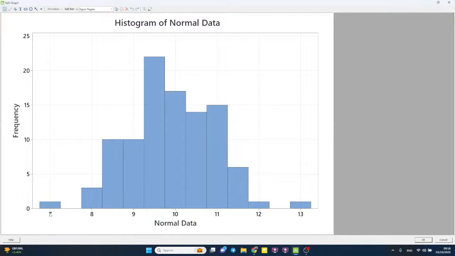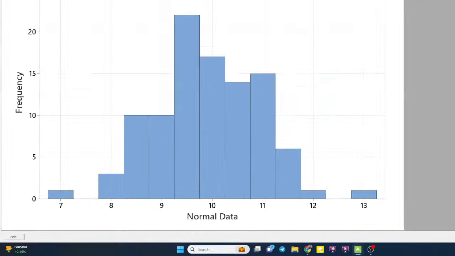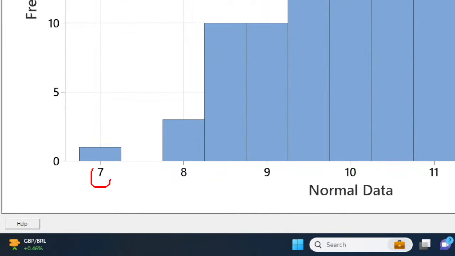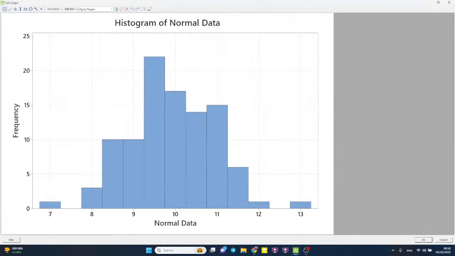Marcelo, but I see only one number here. Yes, it is only one number, but you can be sure that this bar does not represent one data point equal to 7.